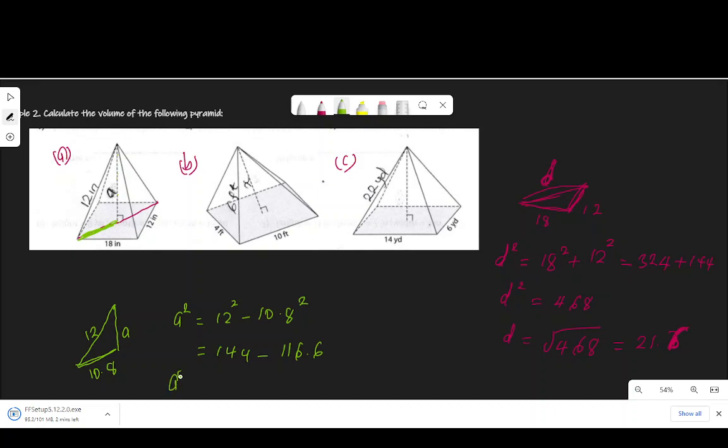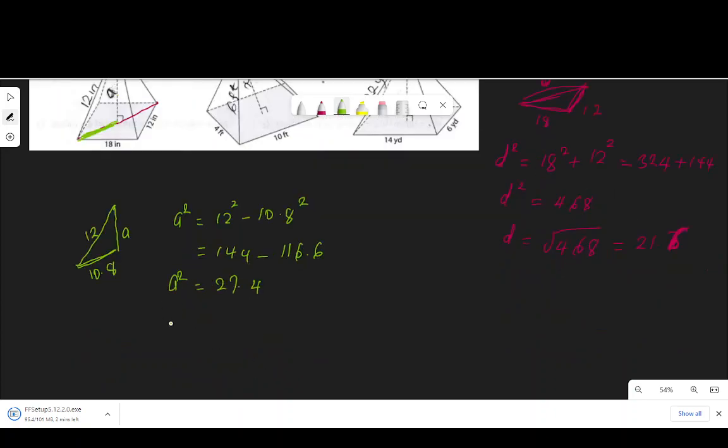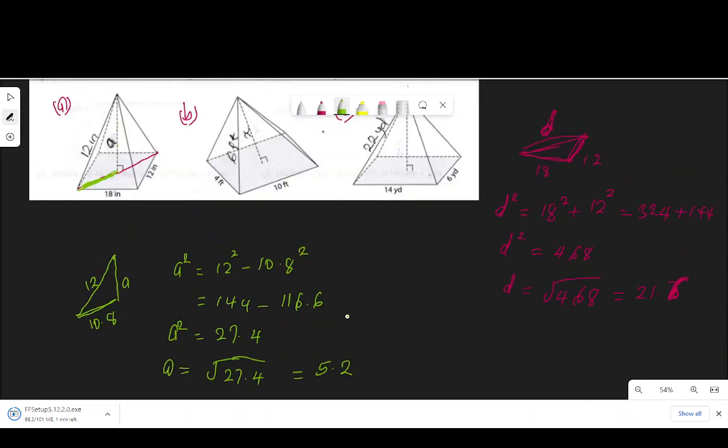So A square is 27.4. A will be the square root of 27.4, and the square root of 27.4 is approximately 5.2. So the height of this pyramid is 5.2.